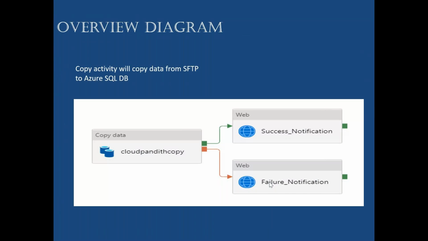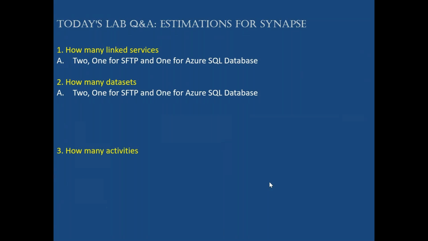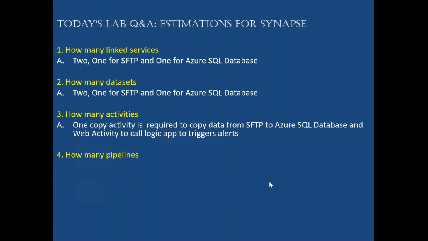Overview diagram for today: we will have a copy activity which copies data from SFTP to the database. Next we will configure the web activity to send a success or failure notification. For today's lab estimation, we need two linked services, one for SFTP and one for the database, two datasets, one copy activity with a web activity, and one pipeline.